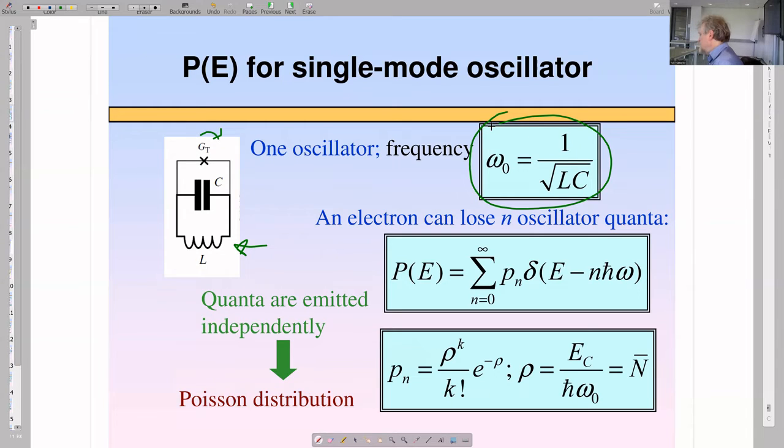It can lose a different number of oscillation quanta. It can give to the oscillator a quantized amount of energy. Right.